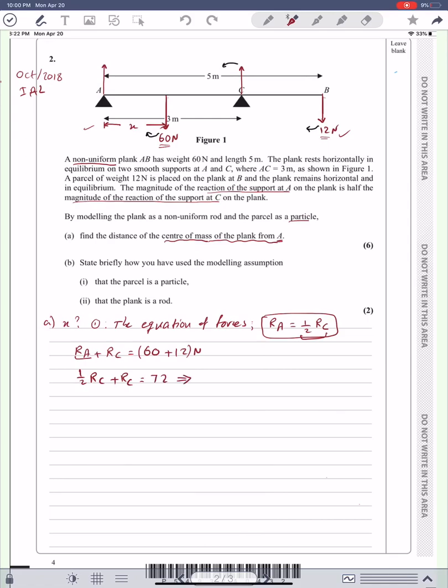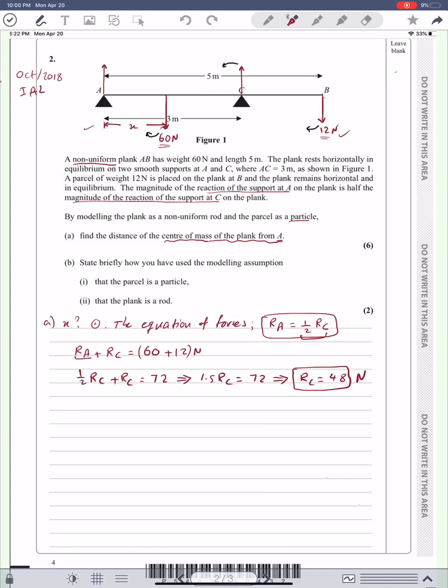By solving this for RC, 1.5 RC is equal to 72. This will give you RC is equal to 48 newtons. Calculate this in the calculator, of course. So RC from the first equation is 48 newtons.